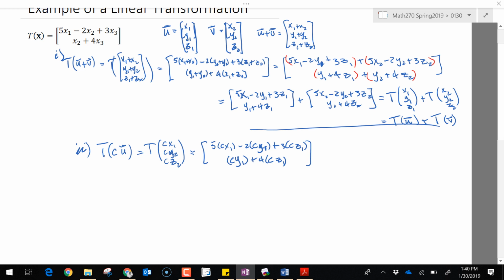So all of these have c's in them, and all the terms, you can factor that out, right? We can factor out a c from the first component, we can factor out a c from the second component, and then we'll eventually factor a c out of the whole thing, but let's rewrite everything over again. 5x1 minus 2y1 plus 3z1, and this is y1 plus 4z1.